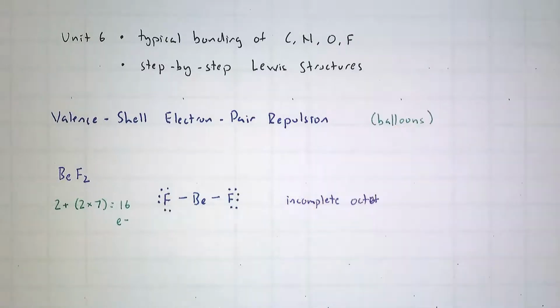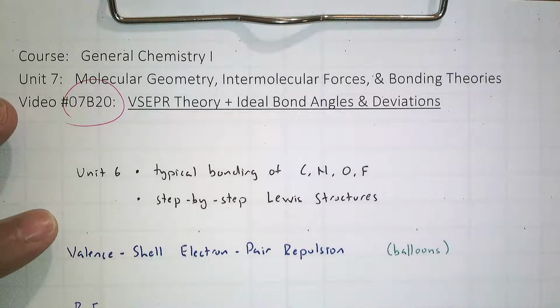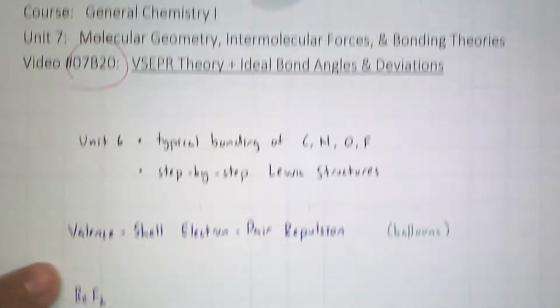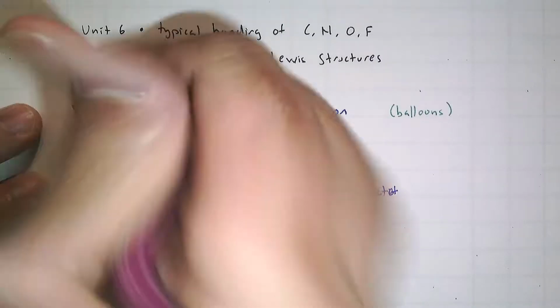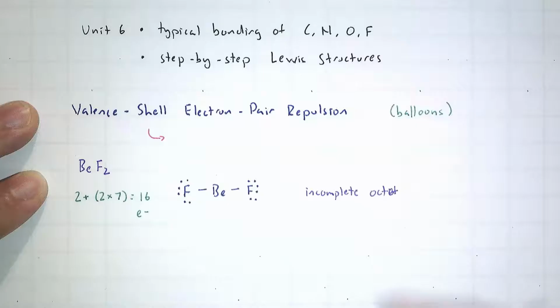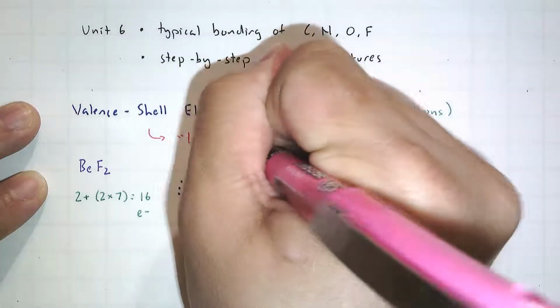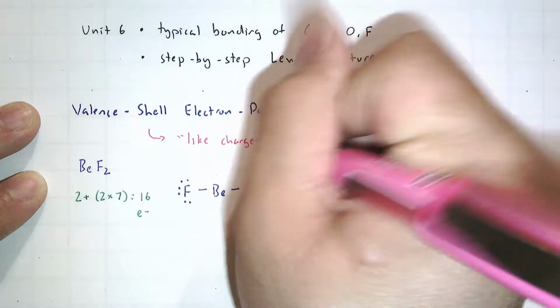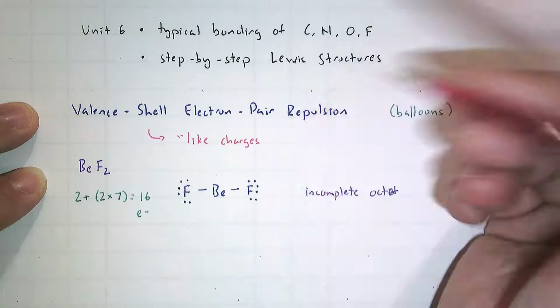But now our concern here in Unit 7 is the shape, based on this valence shell electron pair repulsion theory. Another way to say this is that like charges repel. And if we're looking at the electrons, those electrons are negatively charged.